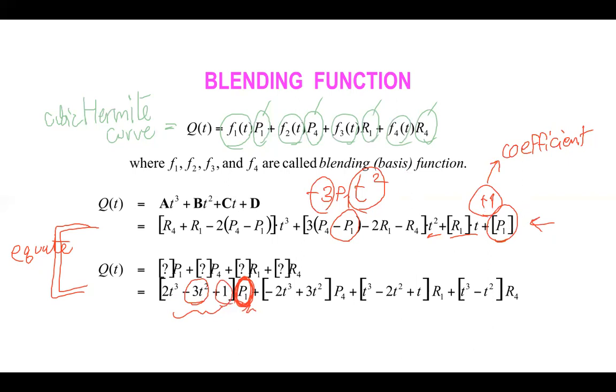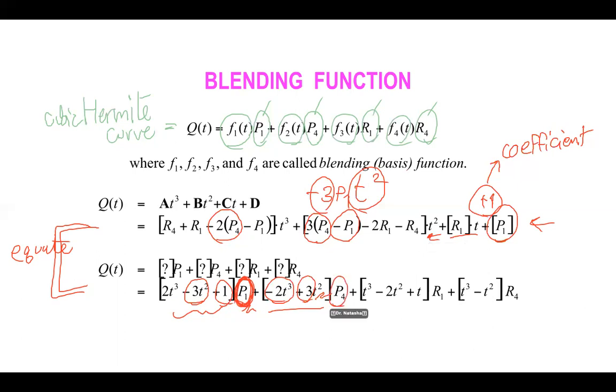So we can do the same thing to this term P4, right? Minus 2 P4 T raised to the power 3, and 3 P4 T raised to the power 2, squared.